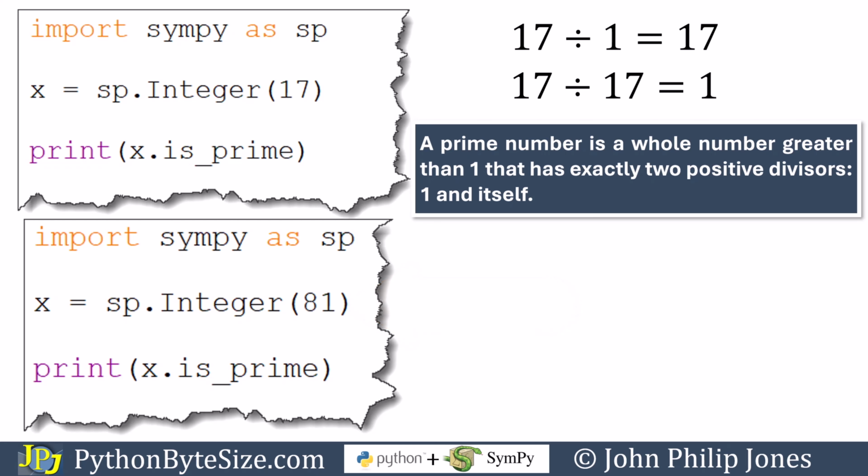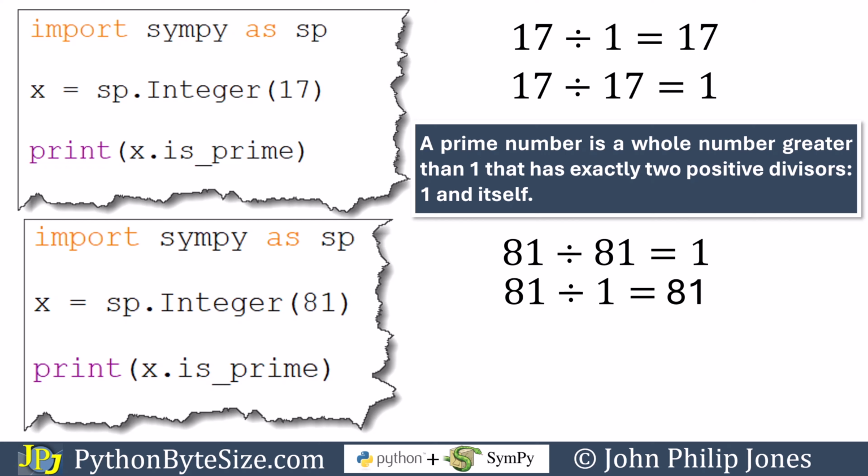Well, let's consider it. We know we can divide 81 by 81 to give us 1. That goes exactly. We know we can divide 81 by 1 to give us 81. That too goes exactly. Now, are there any other numbers between 1 and 81 that will divide into 81 exactly?